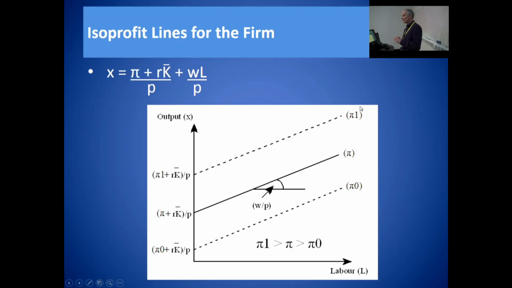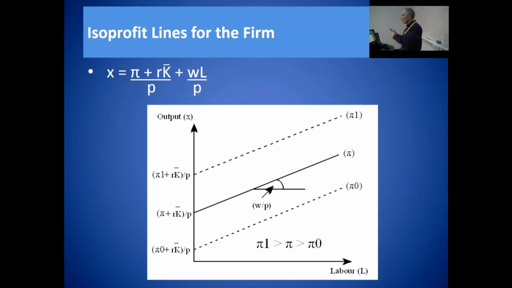And in exactly the same way, what about lower iso-profit lines? Well, again, along any given iso-profit line that's lower, profits are fixed. But the fixed level of profits on these lower iso-profit lines are also lower. So in the diagram here, we've got a certain level of profits, pi 0, which is less than that level of profits pi, which again are both less than that level of profits pi 1.